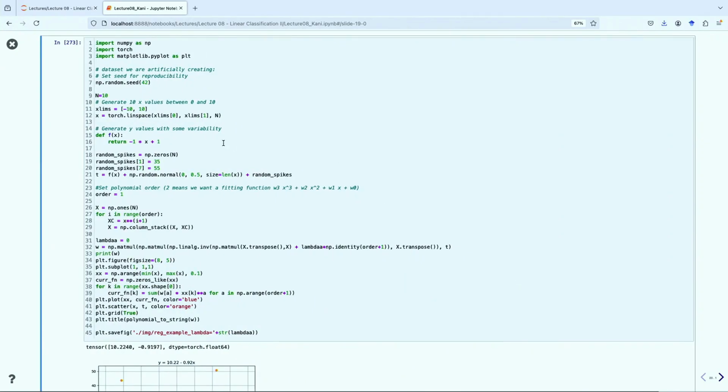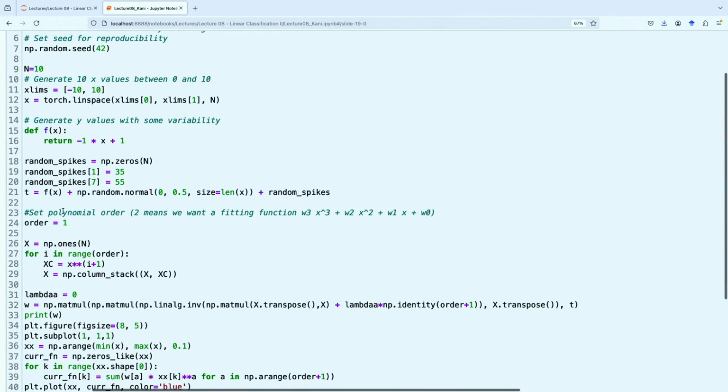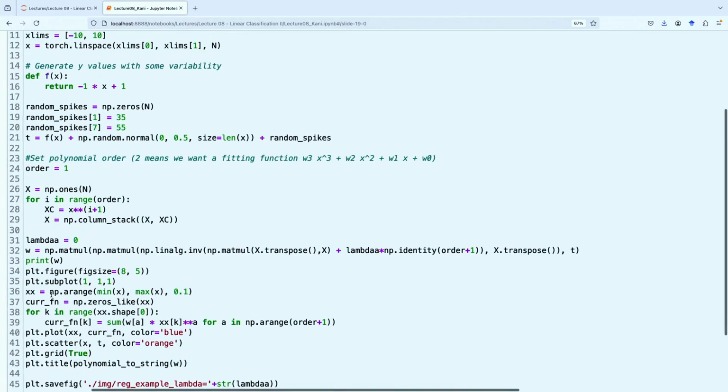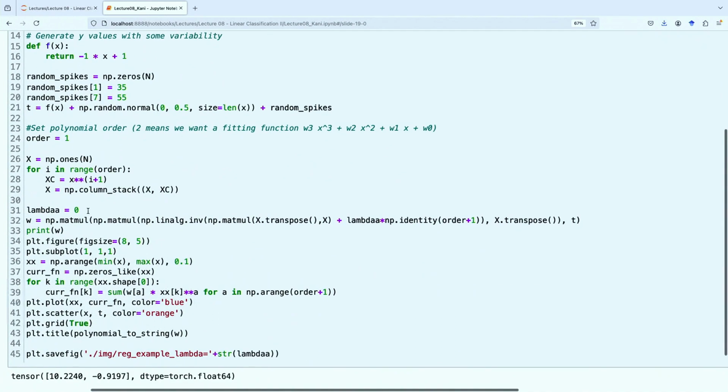If we actually test this out, namely, if we construct our x column like so, basically in this order we have just an order 1 function, so we have a column of ones, and then a column of just x's. We have a new lambda parameter, which we're setting to 0 now.